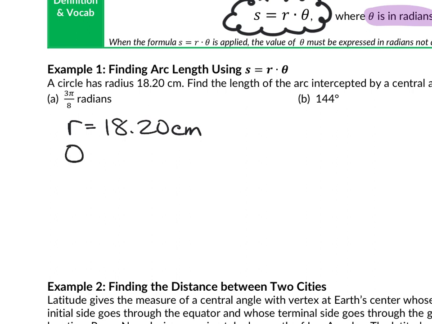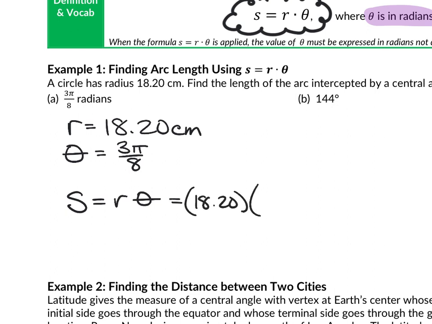So in part A, our theta is 3 pi divided by 8 radians. S is just simply R times theta, which means we're just plugging these numbers in: 18.20 centimeters multiplied by my radian measure, 3 pi over 8.